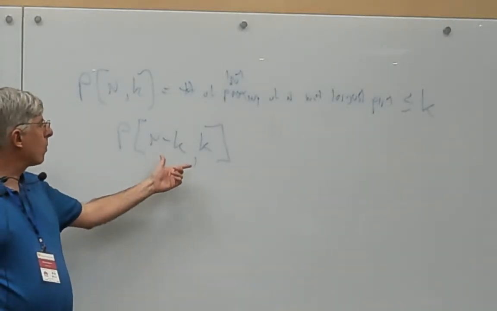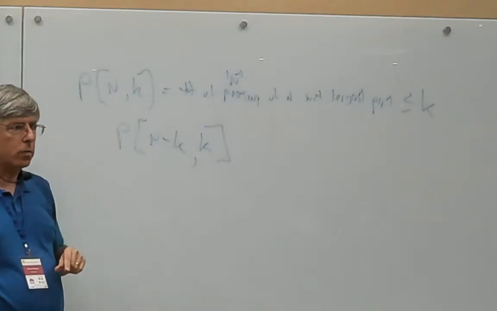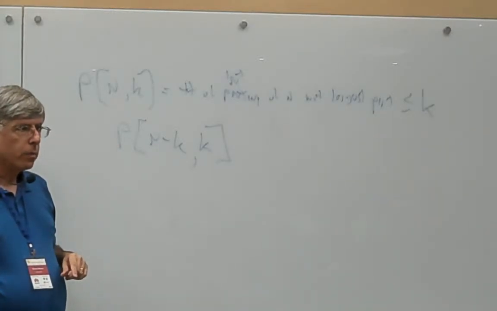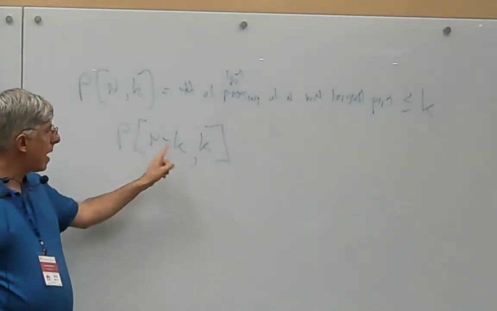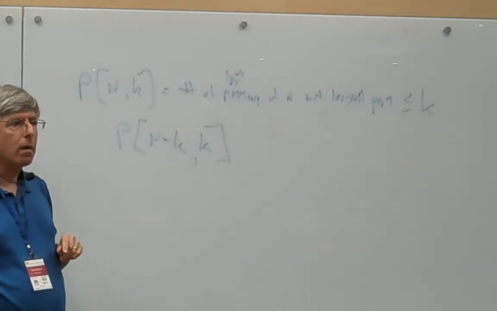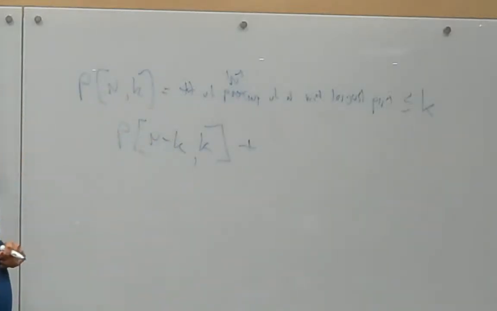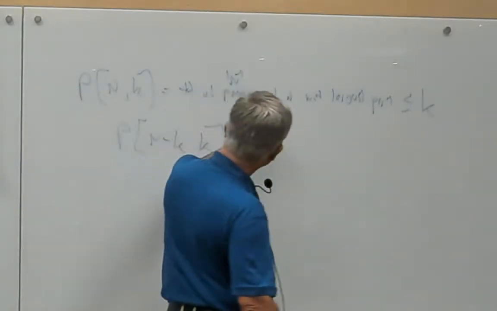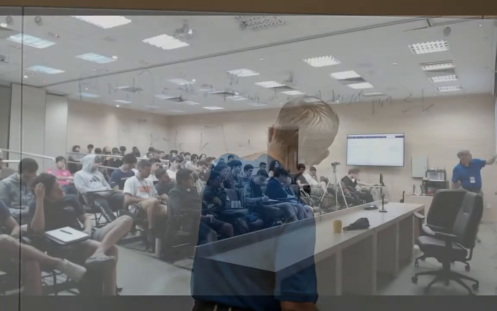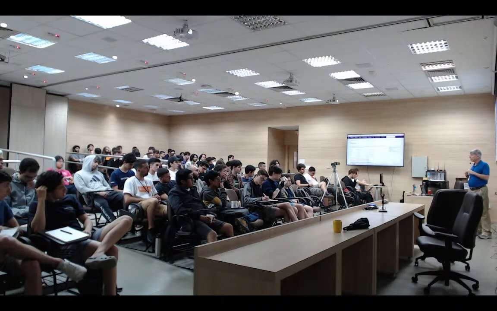Does this count all the partitions of n? No. What are the others? We're missing the ones that don't have a piece of size k. How many of them are there? p(n, k minus 1). Does everybody see this?